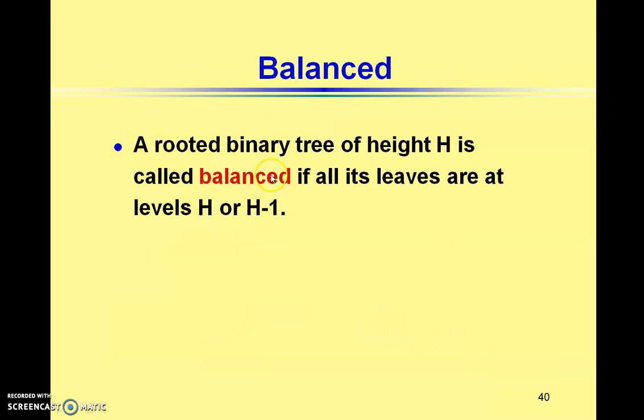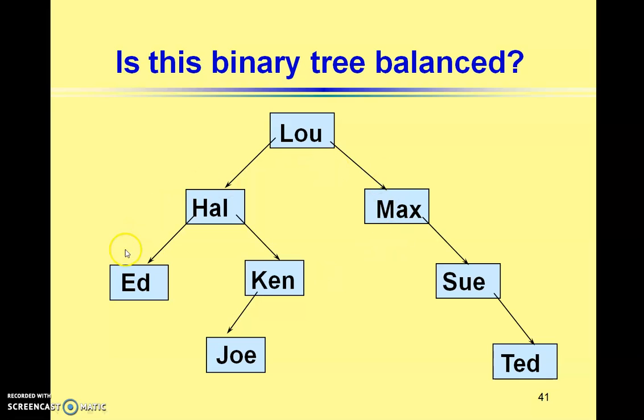A rooted binary tree of height h is balanced if all of its leaves are at levels h or h minus 1. So is this balanced? At h, the height 3, or h minus 1. And that is true.